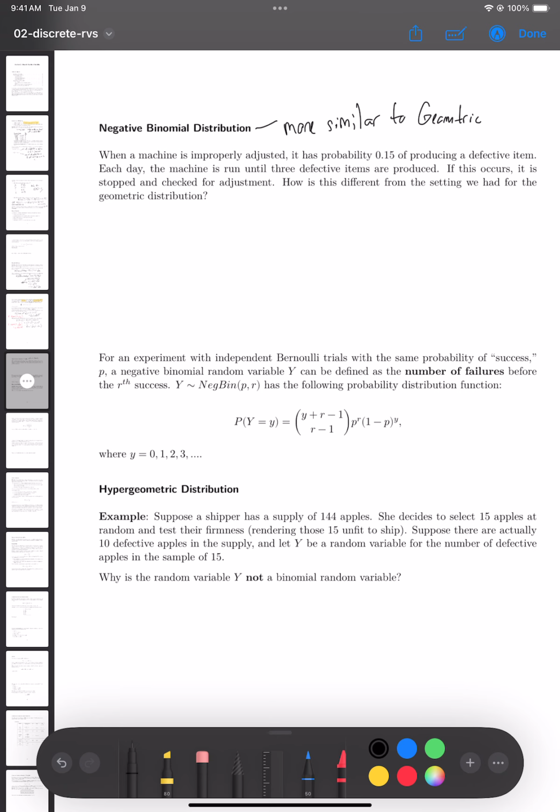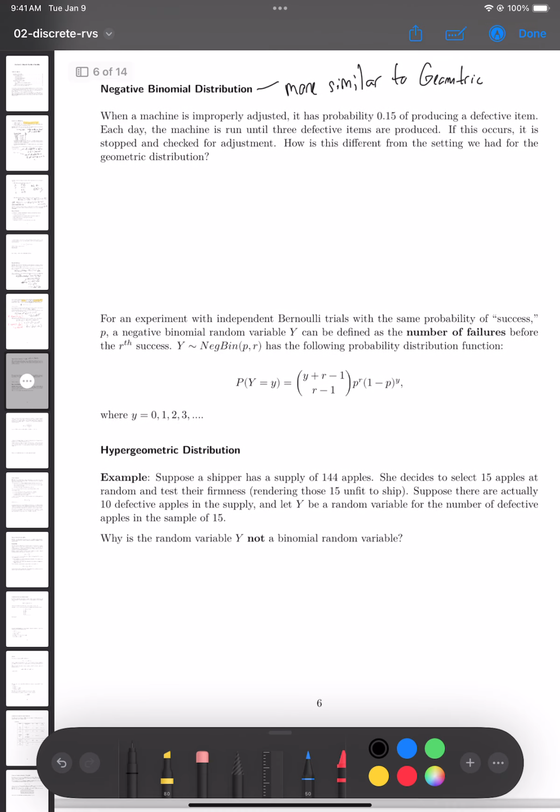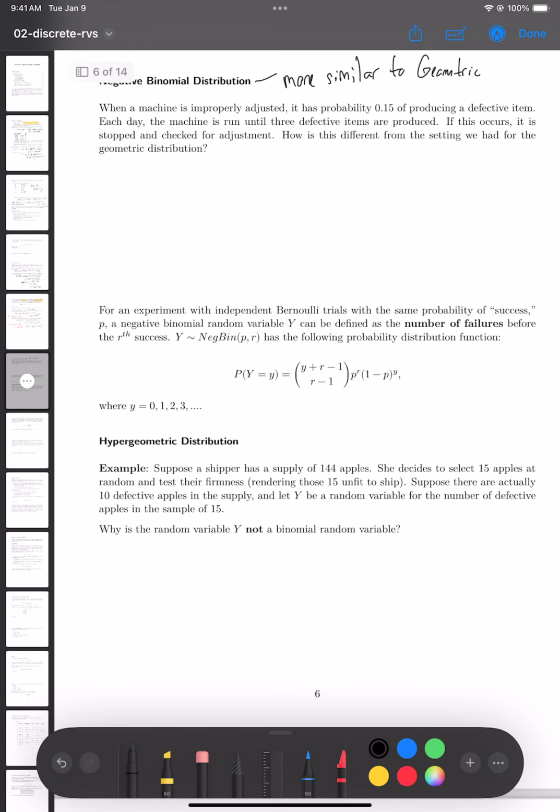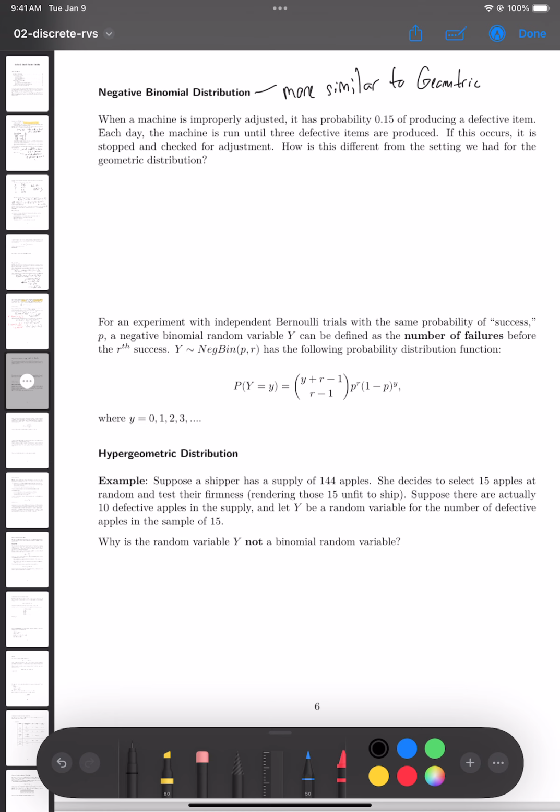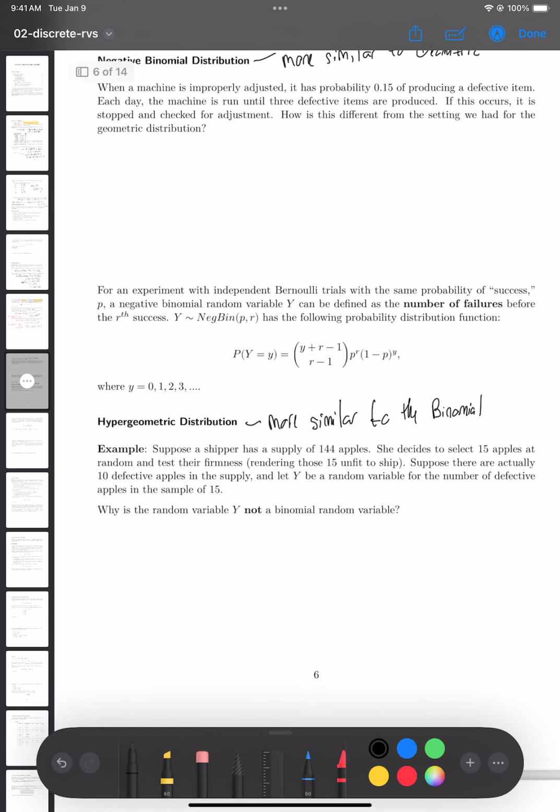It's a lot more similar to the geometric. And then the hypergeometric distribution is more similar to the binomial. And so again, it's really not similar at all to the geometric distribution. It's more similar to the binomial, as we will see in a moment.